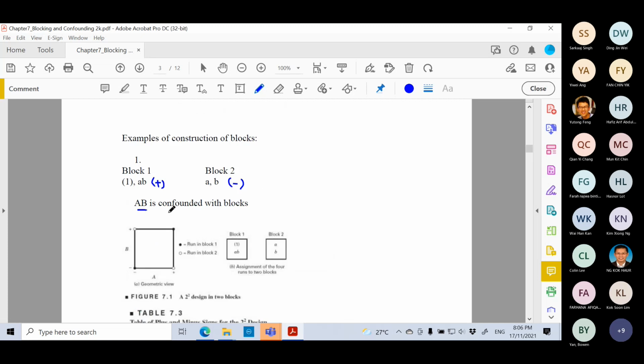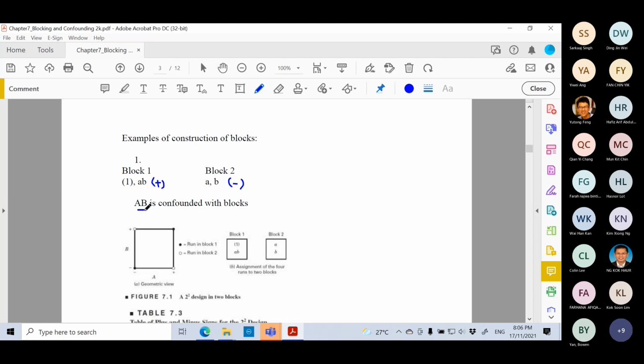So if the AB is confounded with the block, it means that the information of the AB you cannot get anymore, because the sum of squares for the AB will be grouped together with the sum of squares for the block. So therefore, you will lose the information of the AB.